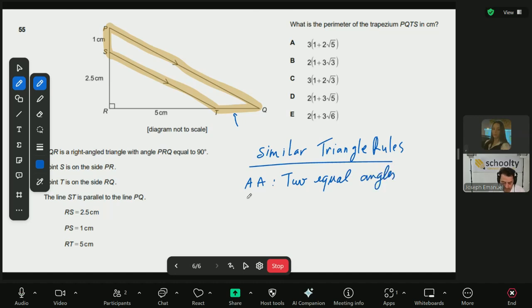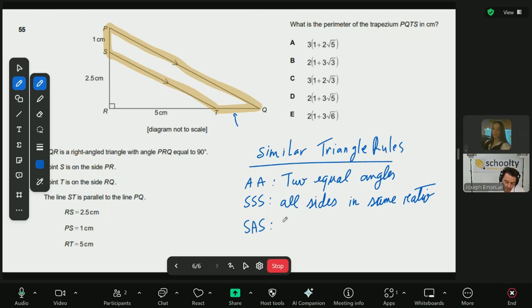We have triple S, which means all sides are in the same ratio.